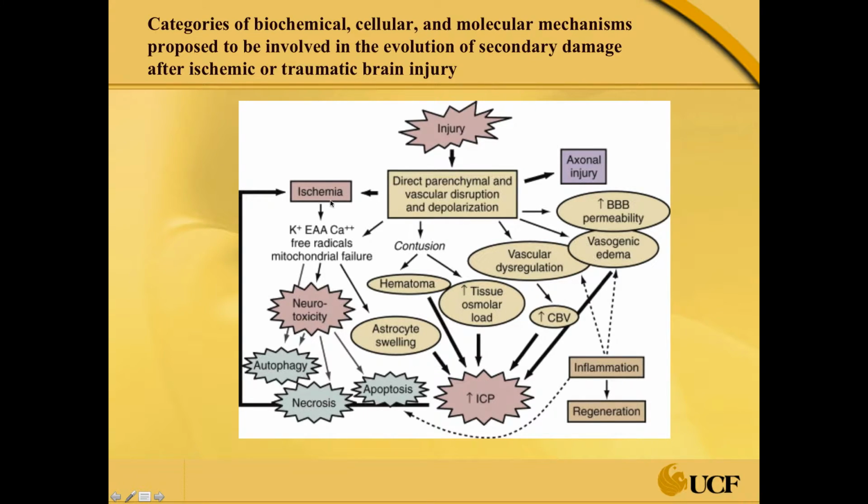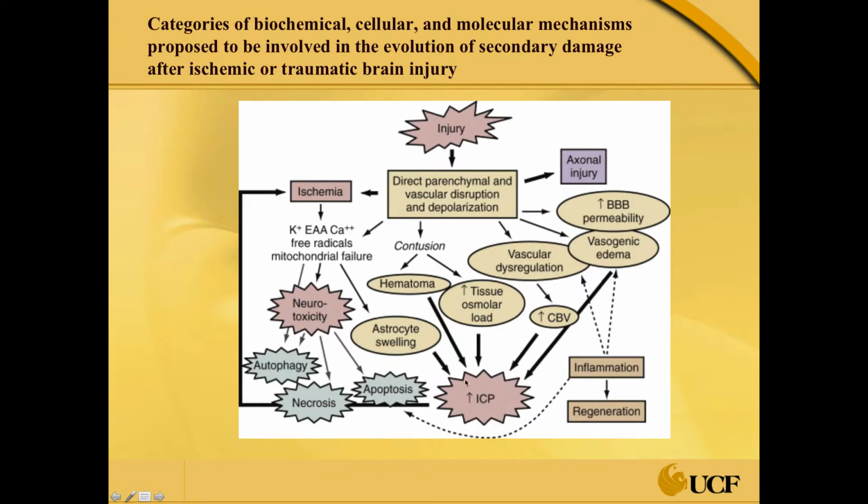If it's ischemia, then these things start to occur, ultimately necrosis. And if it's injury, so go back to the injury, contusion will result in formation of hematoma. Astrocyte swelling can occur with ischemia or contusion, and that ultimately leads to increased ICP.